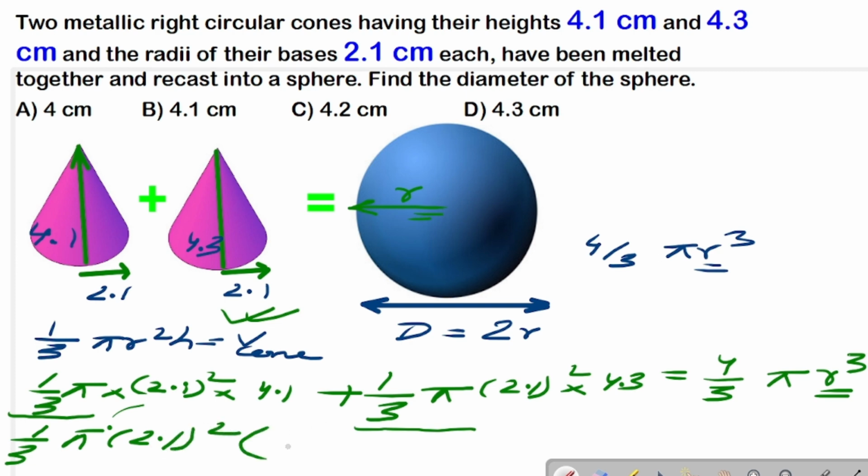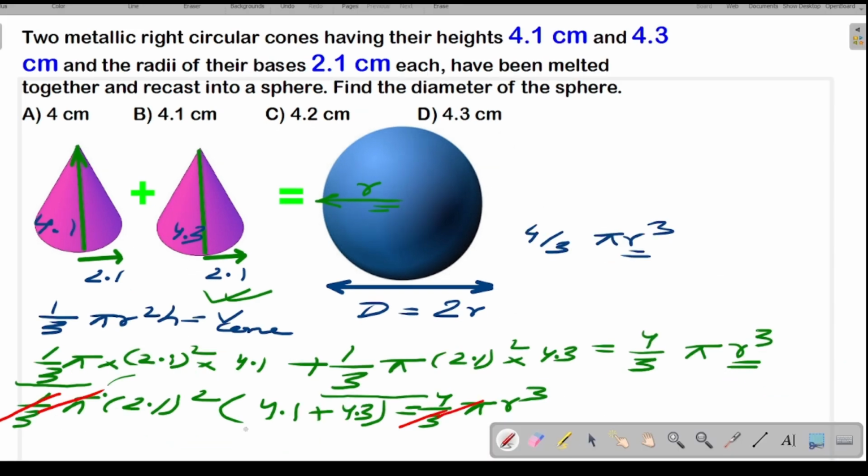So in the bracket we are left with 4.1 plus 4.3, and this is equal to 4 by 3 pi r cube, right? So let's do one thing. You can see the 1 by 3, here 3 will be cancelled out, and pi will also be cancelled out, right?